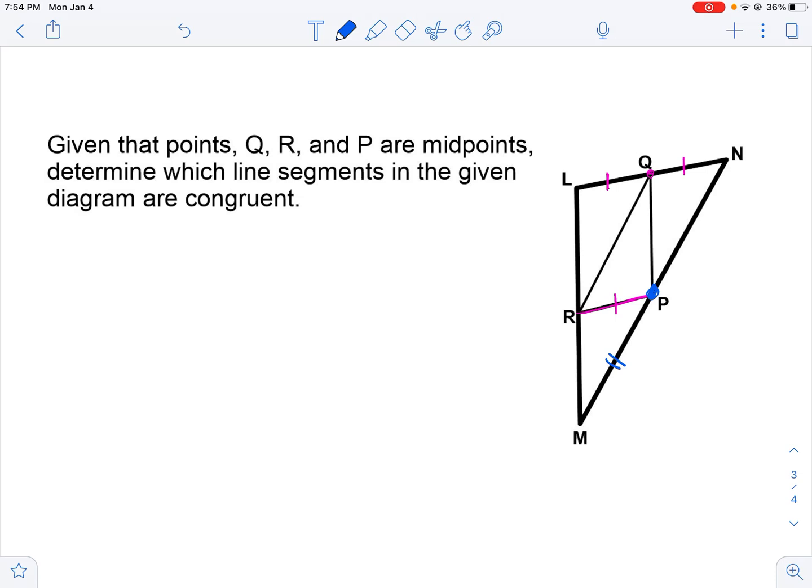MP is congruent to NP, and it is also congruent to RQ, because RQ is parallel to MN, it is half the size of MN, and half the size is going to be congruent to RQ.